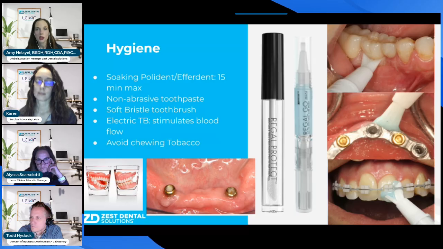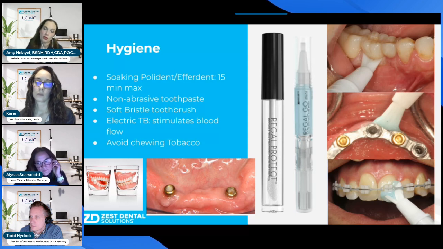When you're doing improper movements like that, or the patient's not properly seating and removing it, that can cause excess wear on your overdentures, on your abutments, and cause premature implant failure. So it's very important that your patient is very comfortable removing and seating the overdenture prosthesis to provide longevity for your overdenture abutment.